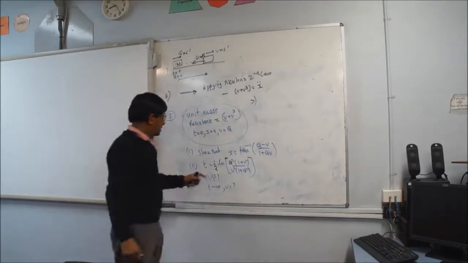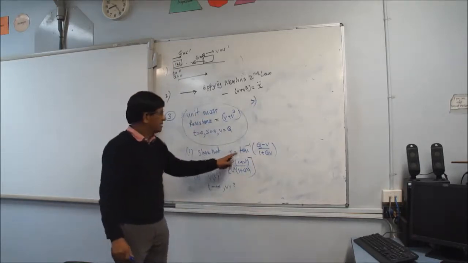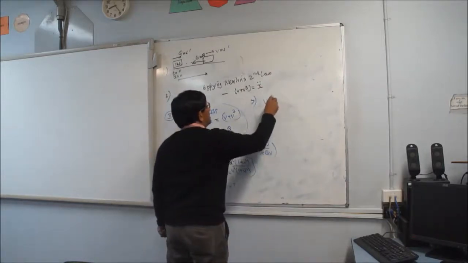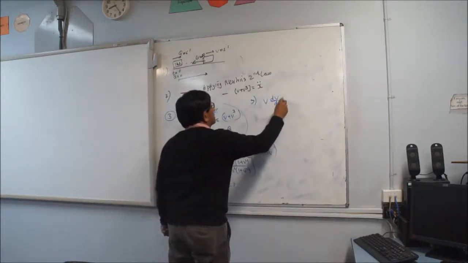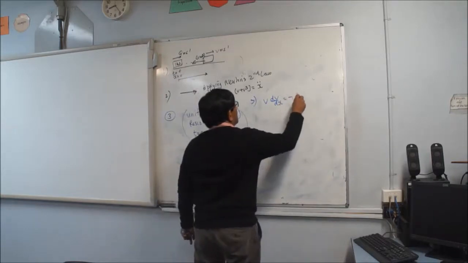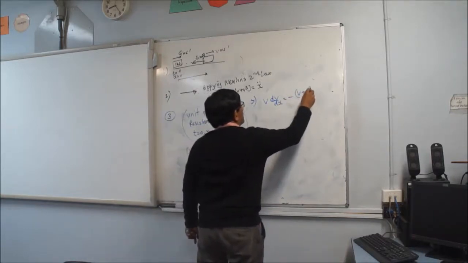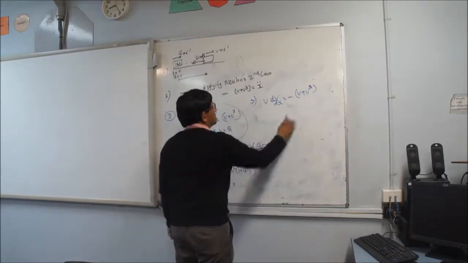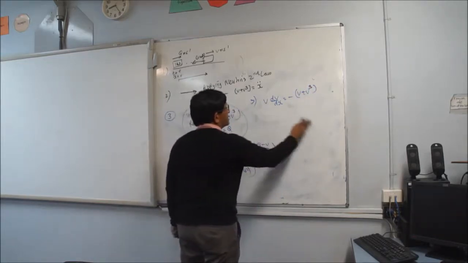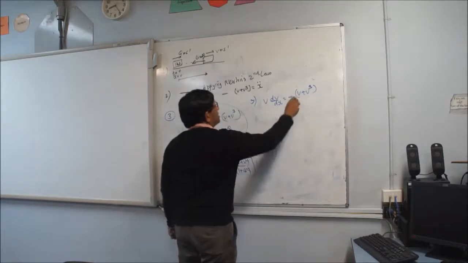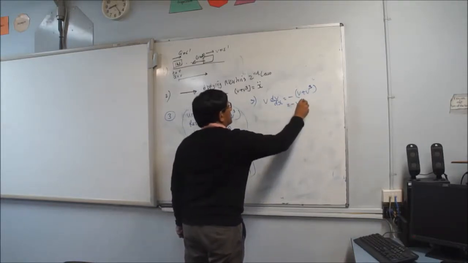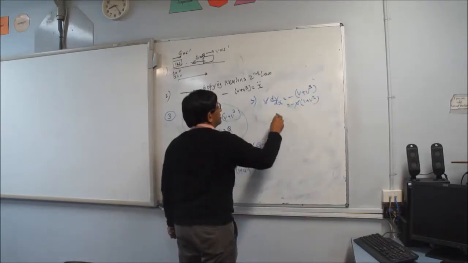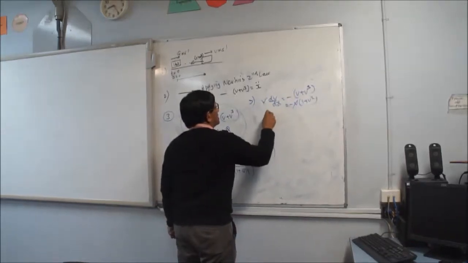Third part, you look at what they're asking, x and v. So for acceleration, you will use v dv/dx. This equals minus (v plus v cubed). Okay? So there's a v common on both sides, so that v and that v cancel out. We go like this.